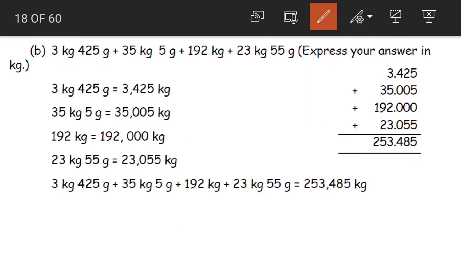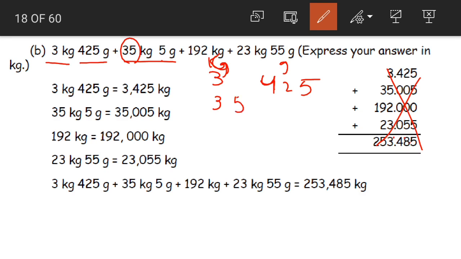Now first let us observe. This is 3 kilograms 425 grams. 3 in kilograms. In grams we'll write 425. Then 35 kilograms 5 grams. So in kilograms I have to write 35. Should I write like this?